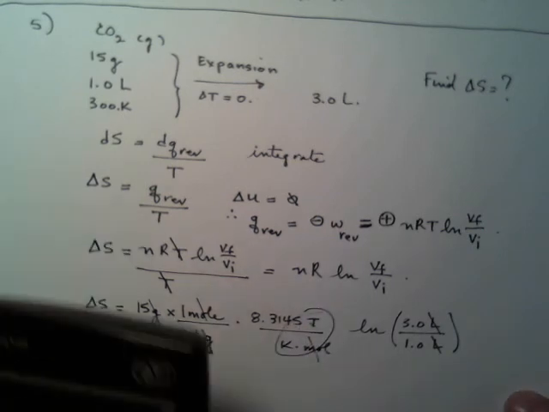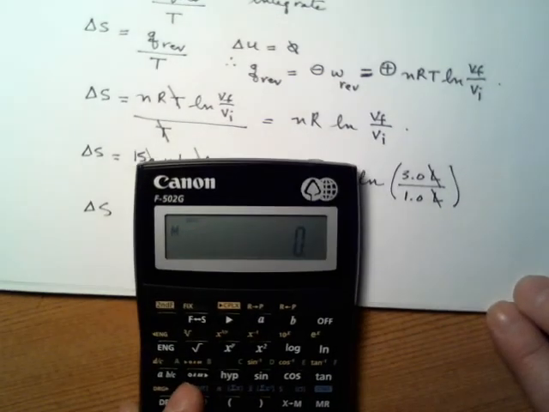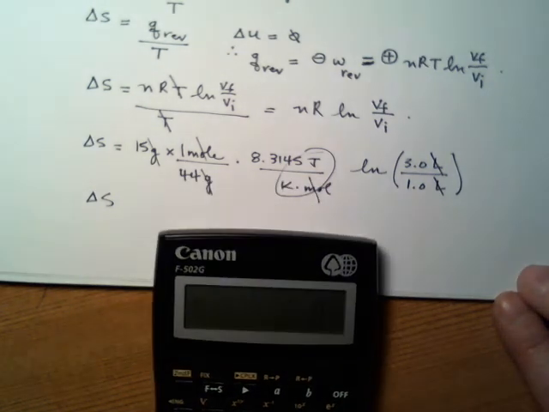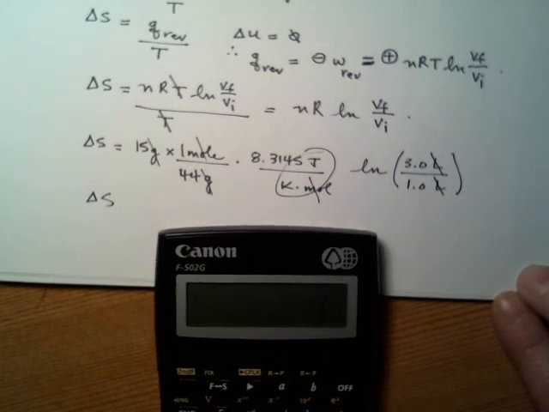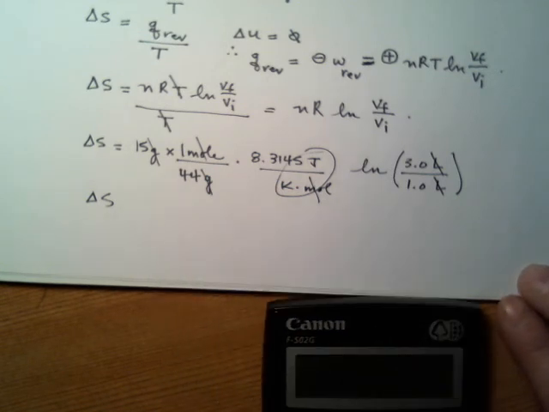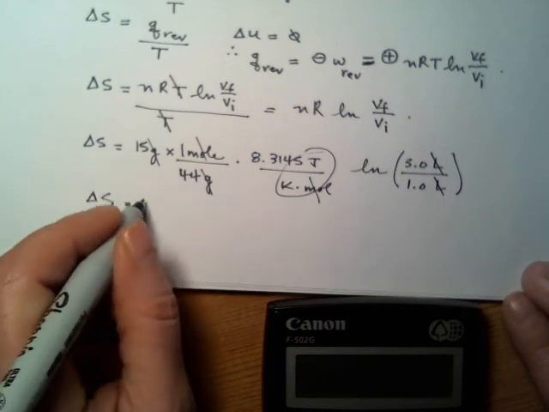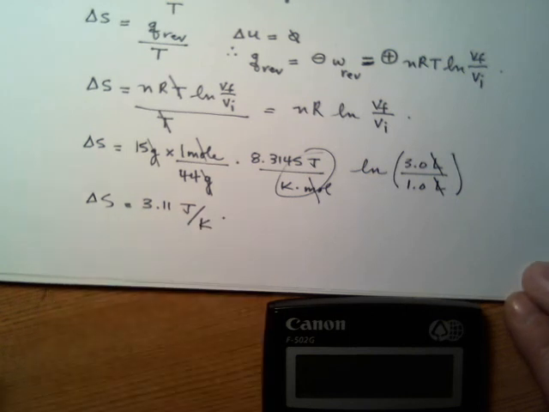So delta S is, can you see? 15 divided by 44 times 8.3145, multiply, and then I'll just open the bracket, 3 ln, close bracket, equals, and I have 3.11 joule per K. Seems really small.